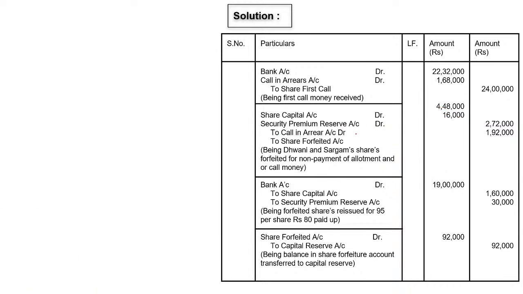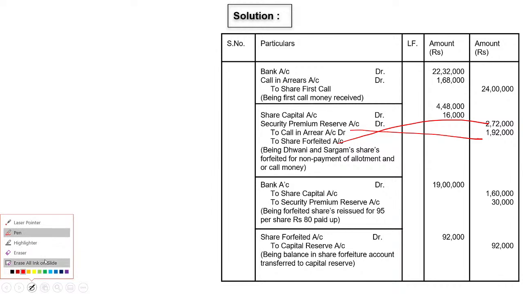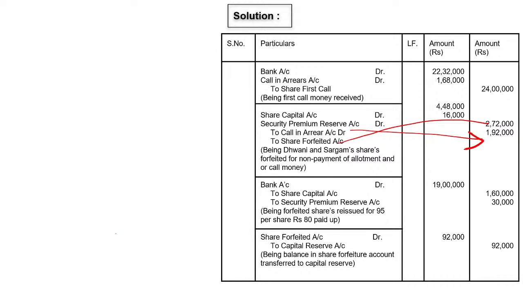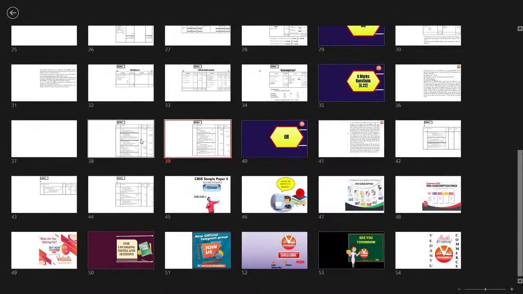Okay, so these amounts are not in sequence. Their amount is recorded in the opposite manner. Calls in arrears are 1,92,000 and the amount received is 2,72,000. So they are directly debiting.